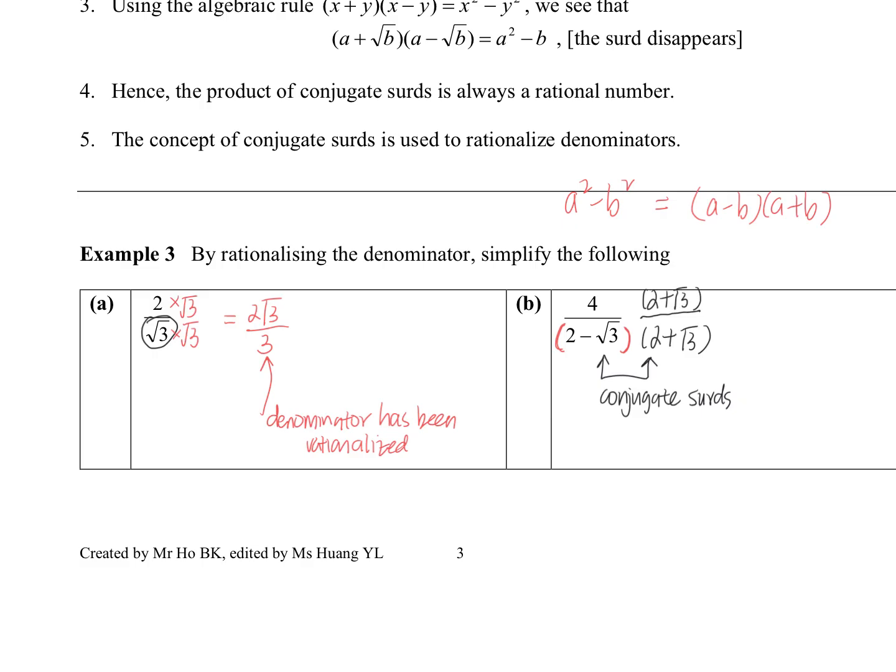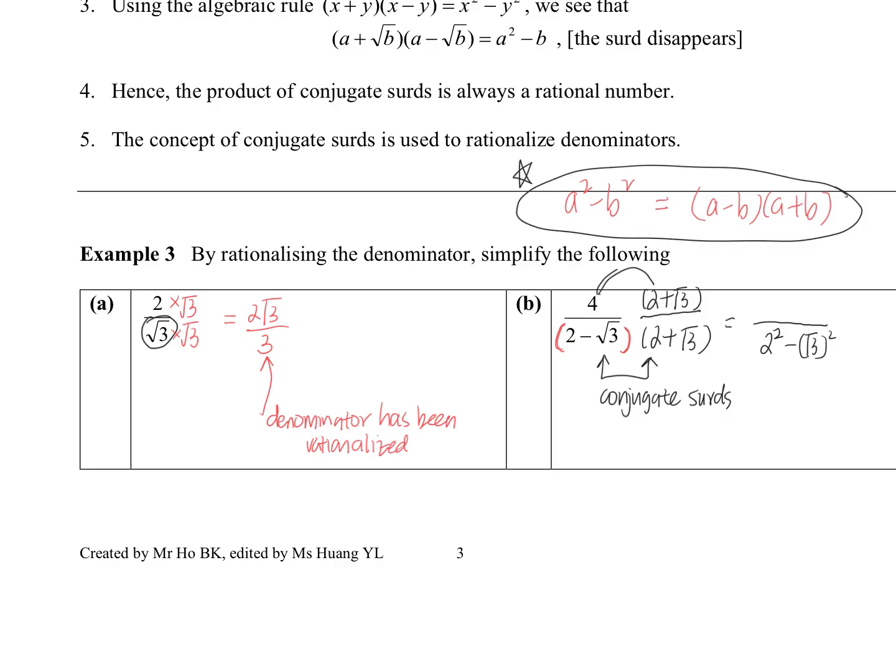So how can I magically get rid of the surds now? At the denominator, I will be applying a square minus b square. So it becomes 2 square minus root 3 square. I'm just applying this.